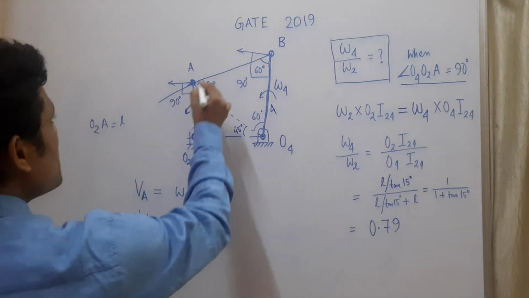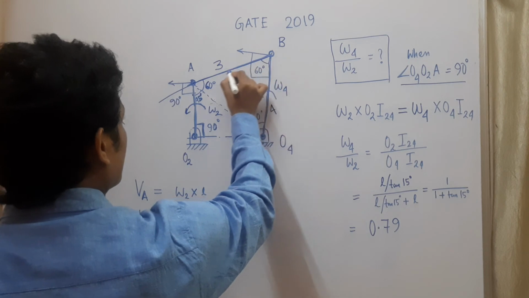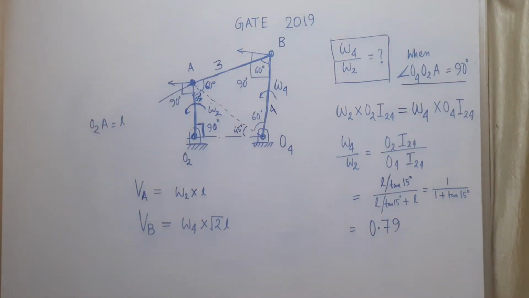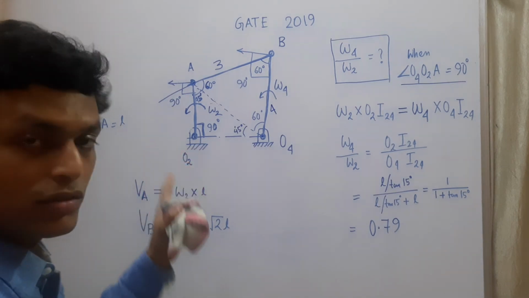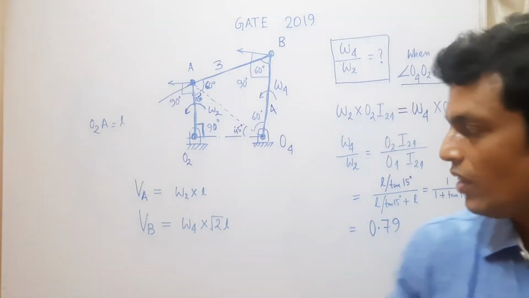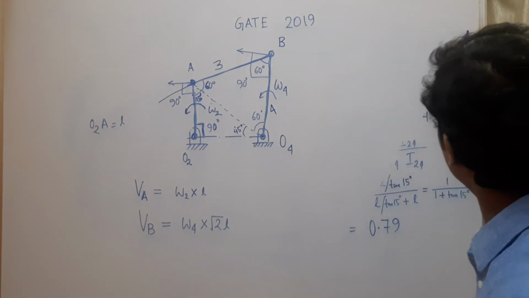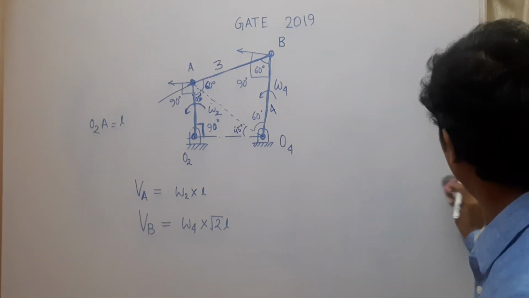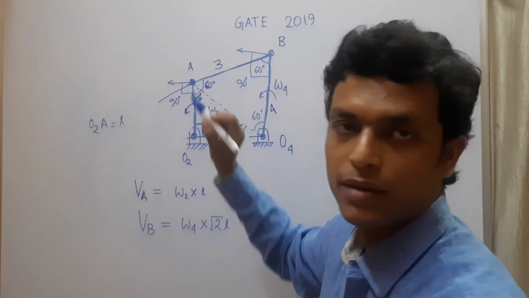Now A and B are on the same rigid body 3. 3 is the connecting rod or coupler, and A and B are on the same rigid body. So we have studied that the velocity component of A along AB will be equal to the velocity component of B along AB.